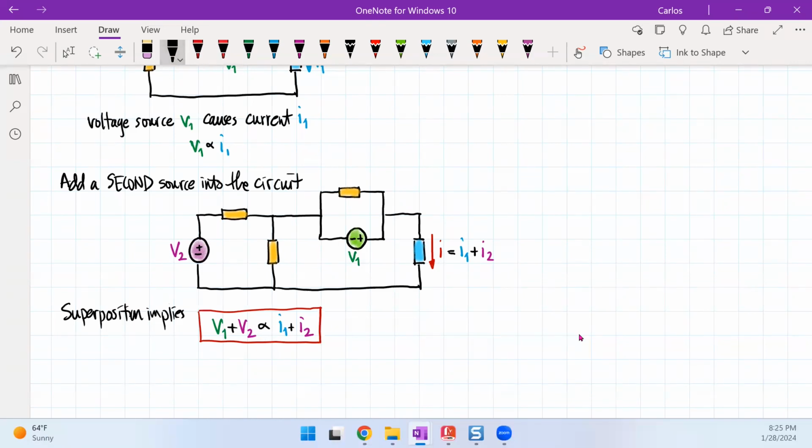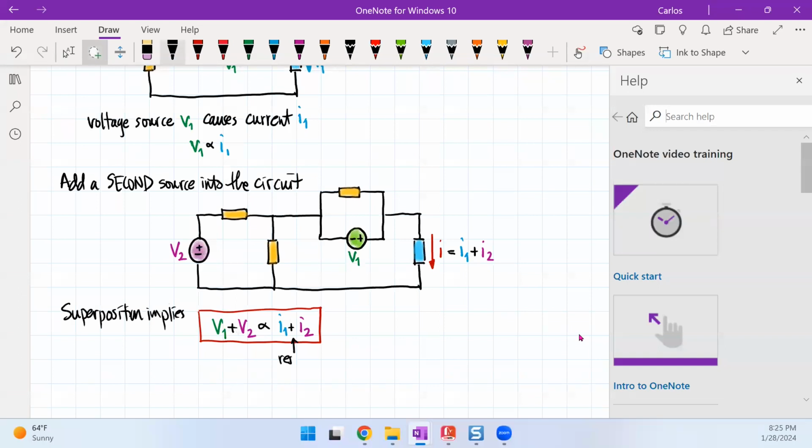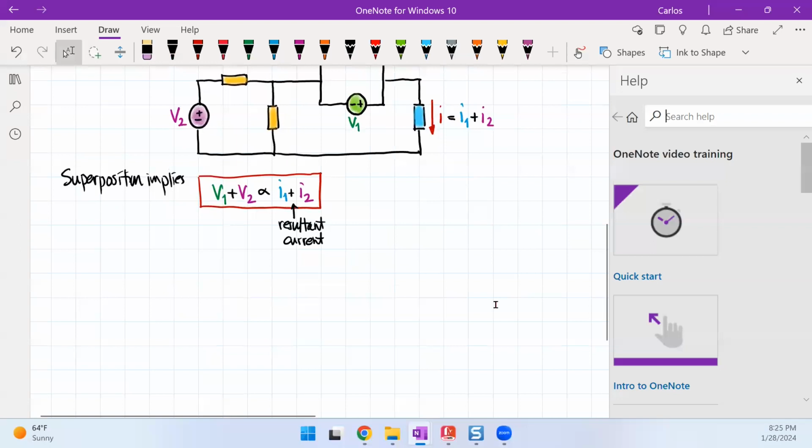In other words, I cannot say what I just wrote. These sources here cause a resultant current through that element. That's superposition right there.